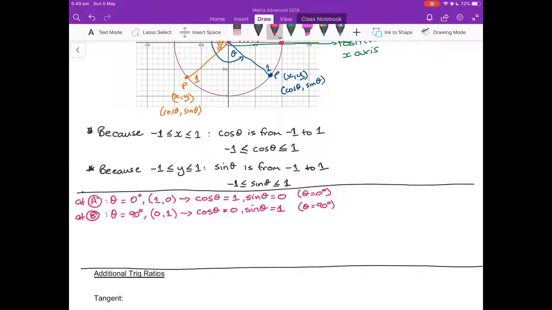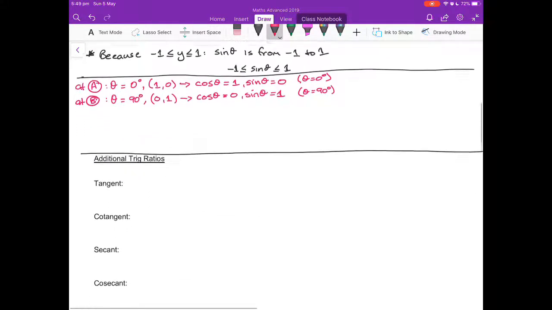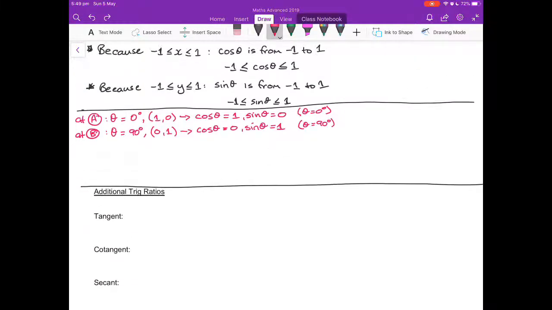Okay, so we can keep that going. We're going to put our C point in here. So there's C. All right, so at C, theta is now, adding another 90 degrees on, 180 degrees.